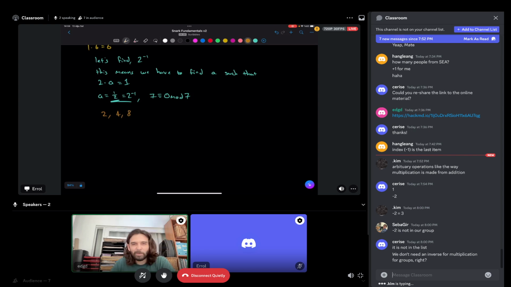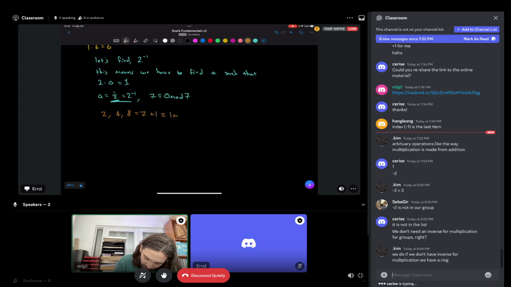And then we might pause here and say, well, 8 is the same thing as 7 plus 1, which means it's congruent to 1 mod 7, which is the thing we were looking for. So 2 times 3, sorry, I did powers there. That should be a times 4. I skipped out 6 in that list.